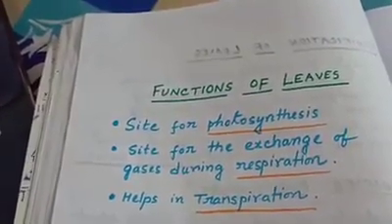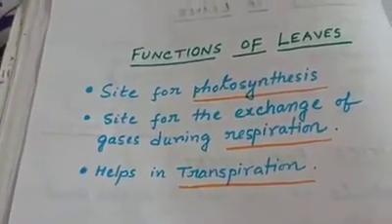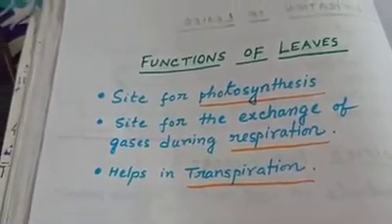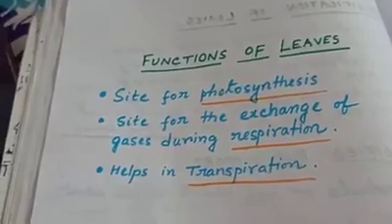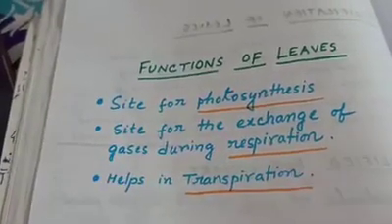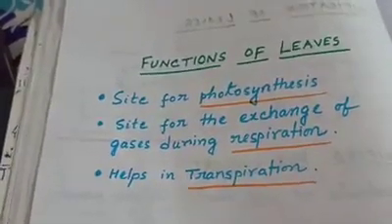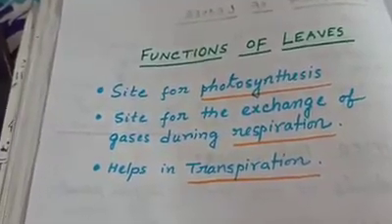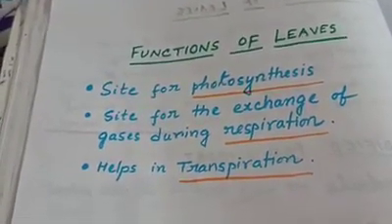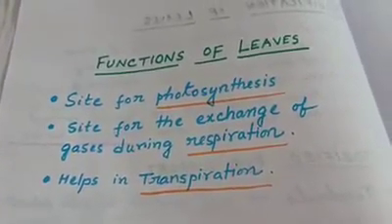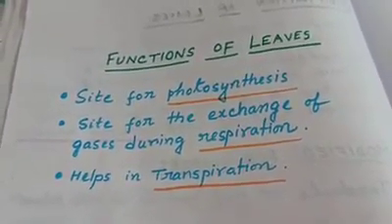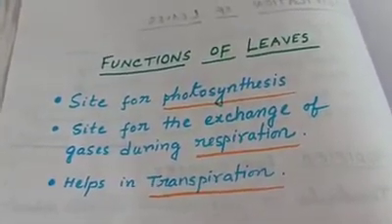In this way they also help to prevent air pollution. So the site for the exchange of gases during respiration and photosynthesis is one of the important functions of a leaf. Leaves also help in transpiration. The excess water which is not required in the plant's body is excreted by the process of transpiration with the help of the stomata present in the leaf. So the leaf also helps to balance the water amount in the plant's body.